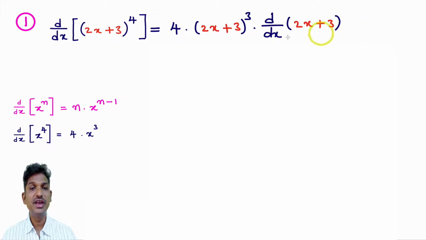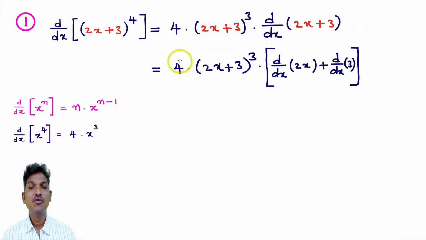The rest is all simple. See further how we do this problem: 4 into (2x plus 3) whole cube into the derivative of 2x plus 3. How do we differentiate? We differentiate each and every term, because we know the basic rule of differentiation: d by dx of u plus v is derivative of u plus derivative of v.